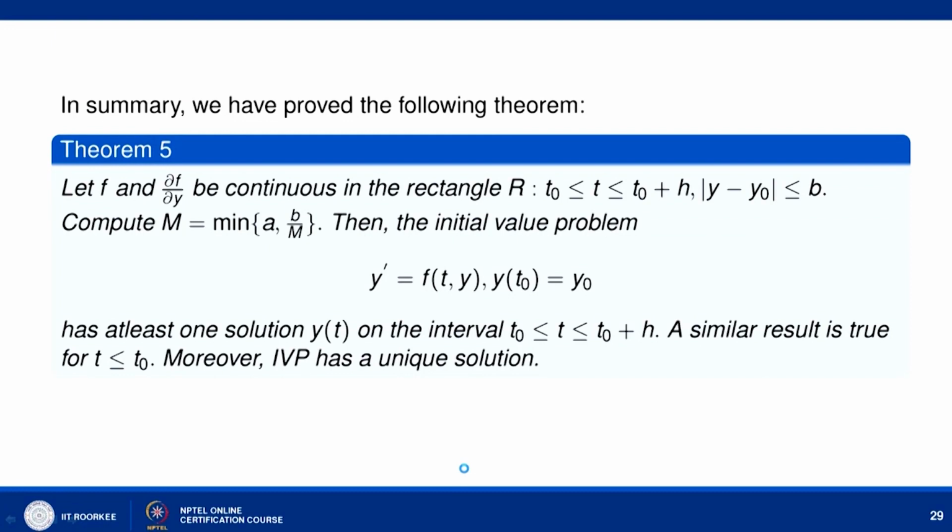That is what we have stated as theorem 5: let f and del f by del y be continuous in the rectangle R, where R is defined as t from t naught to t naught plus h, modulus of y minus y naught less than b, and we can compute h as minimum of a and b by M. Then the initial value problem y'(t) equal to f(t, y), y(t naught) equal to y naught has at least one solution y(t) on the interval t naught to t naught plus h, and we have also shown that it has a unique solution. So, that is the content of today's lecture.